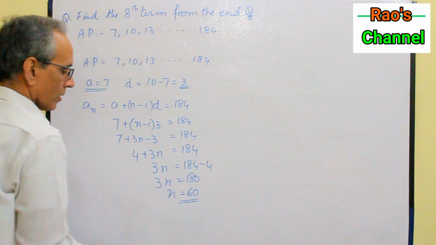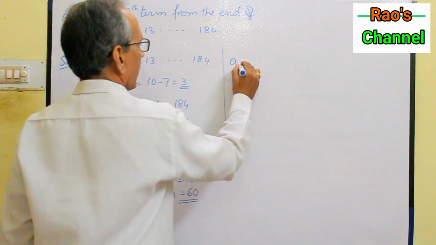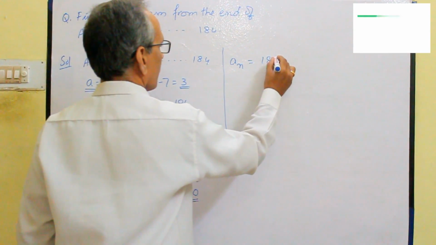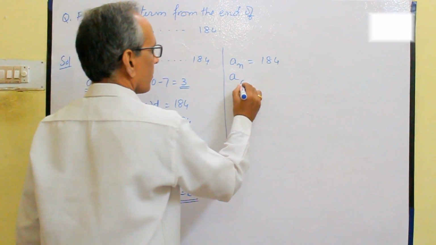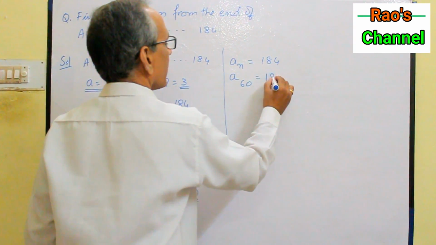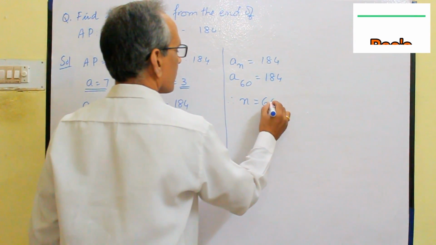Okay. So the nth term is 184, and term 60 is 184. Therefore n is equal to 60.